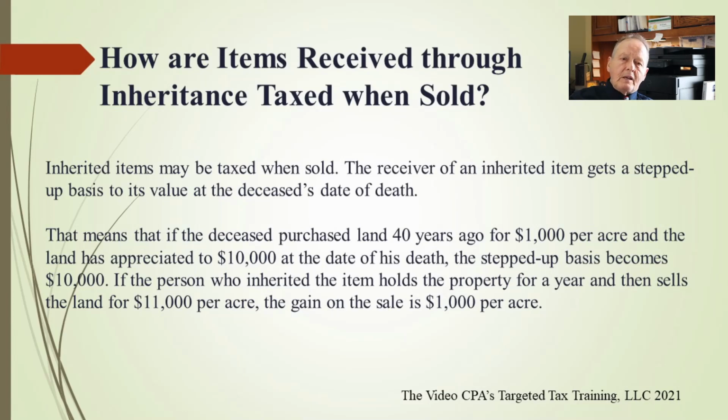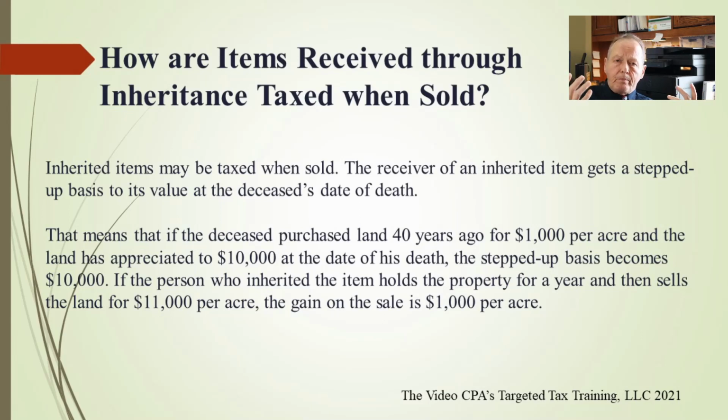So let's look at that same example again. You bought the land 40 years ago for $1,000 per acre. The land's appreciated to $10,000 at the date of death. So your basis now, instead of $1,000, becomes $10,000. All right. You turn around and sell it a year later for $11,000, and your gain is only $1,000.